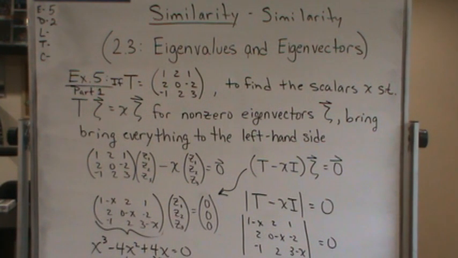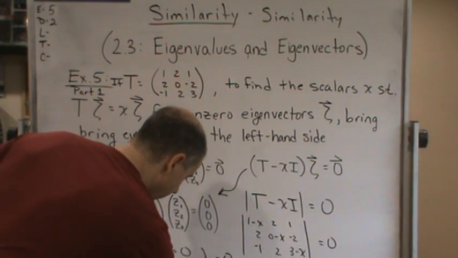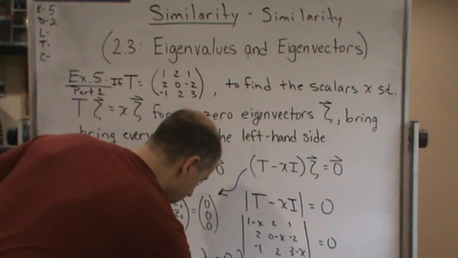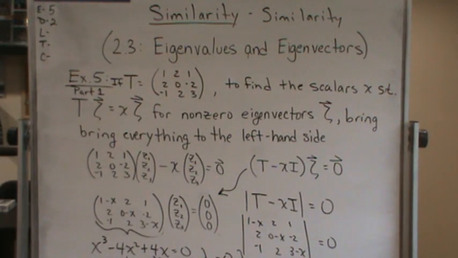And so now the eigenvalues are lambda 1 equal to 0 and lambda 2 equal to 2. So there are the eigenvalues.